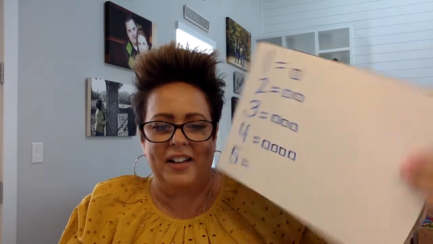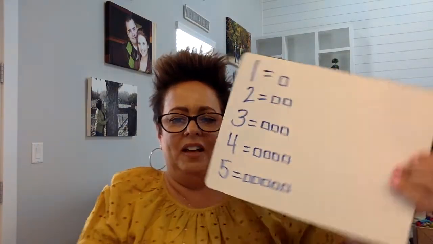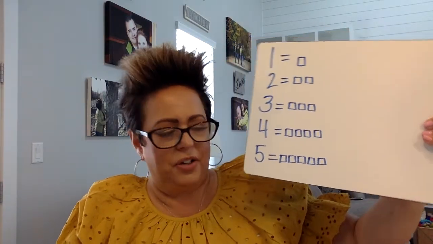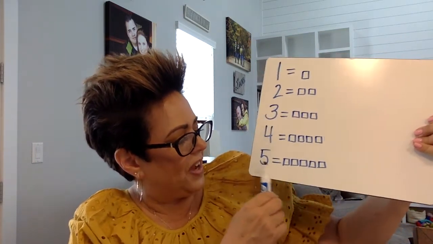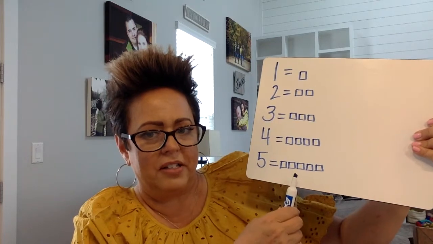Show me 5 with your cubes. When you're drawing your cubes, I want you to check to make sure you have the correct number. Okay, we have 5 cubes. This is 5. And this is 5, so they are equal. They are the same.